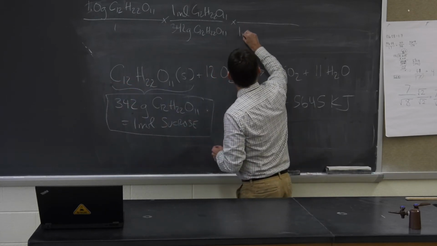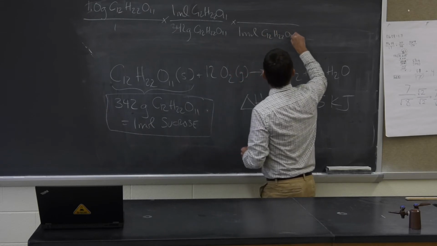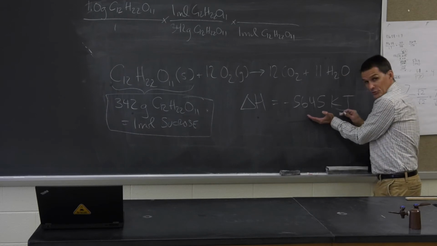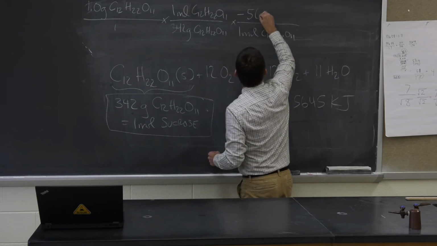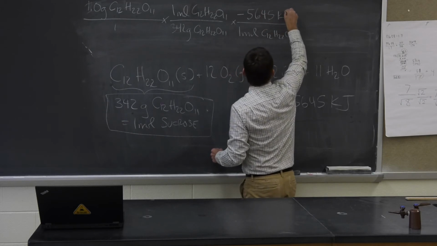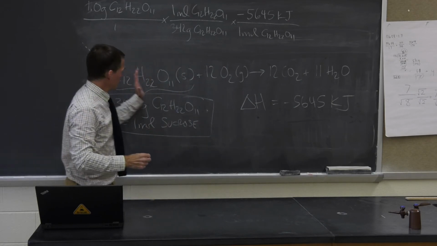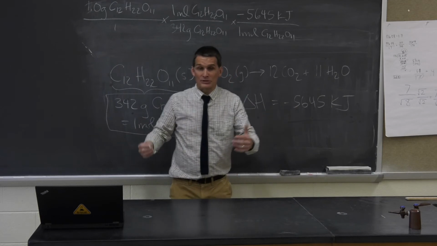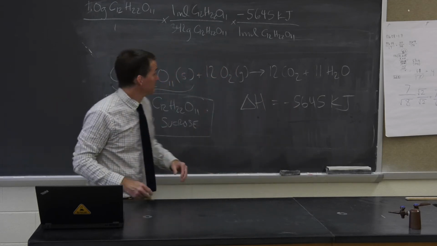So I know that 1 mole of sucrose, according to the reaction stoichiometry and enthalpy, that should be negative 5645 kilojoules. And this negative sign, again, represents that when this reaction takes place, energy is released. Where does it get released to? To your body, and then your body can use it to do all sorts of stuff.